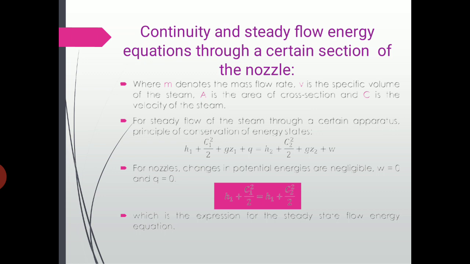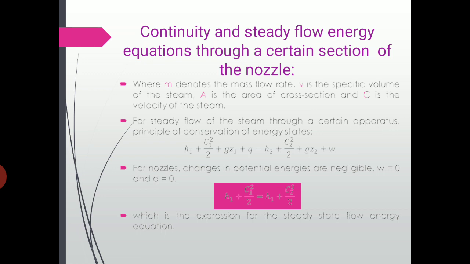Therefore H1 plus C1 square by 2 is equal to H2 plus C2 square by 2, or V2 square by 2. This is the expression for the steady flow energy equation for a nozzle, through a certain section of the nozzle.